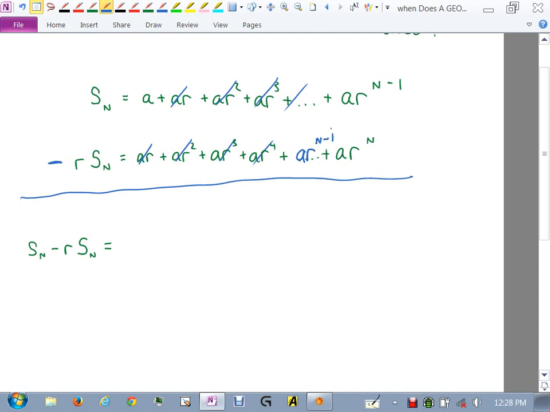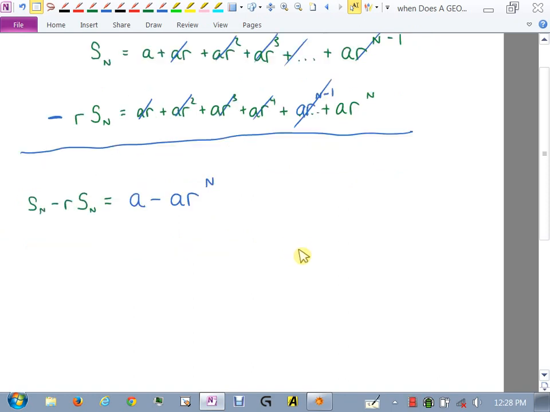Because this one's to the n, the one before it is to the n minus 1, so that one goes away too. So what is the only thing that's left? A, and then minus AR to the n. A minus AR to the n. Y'all okay with that? You could pull an A out. Yep.